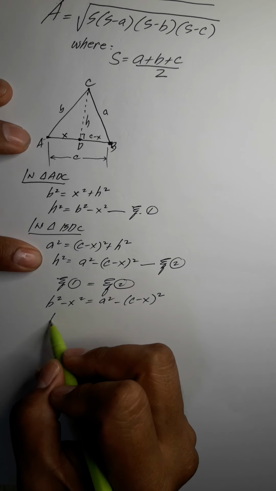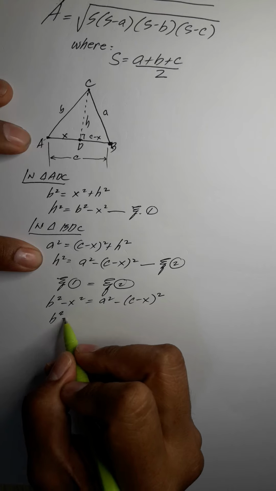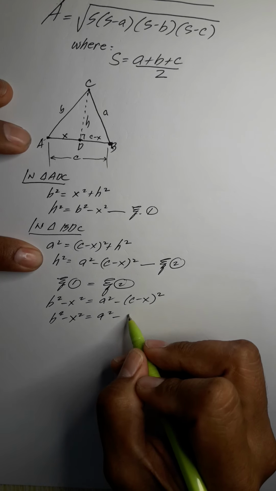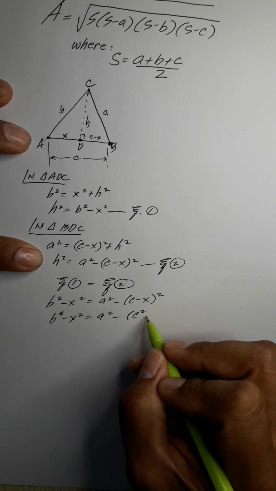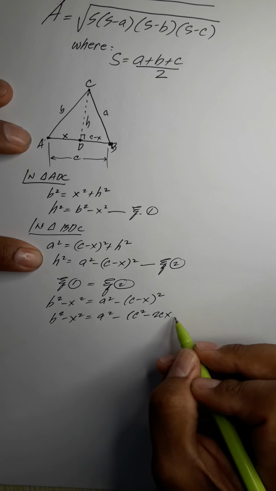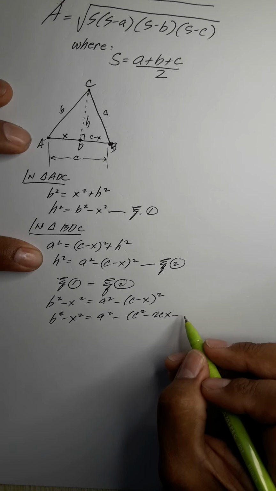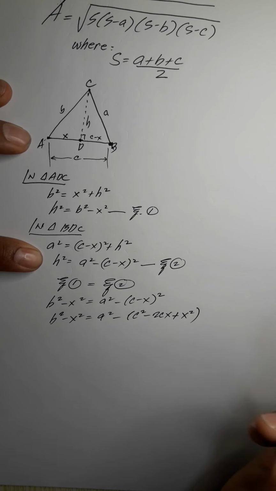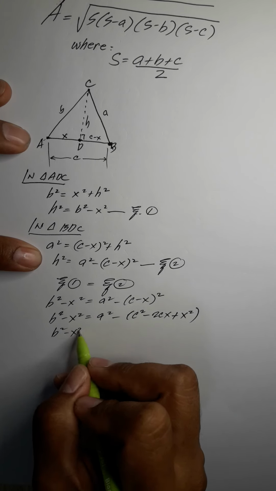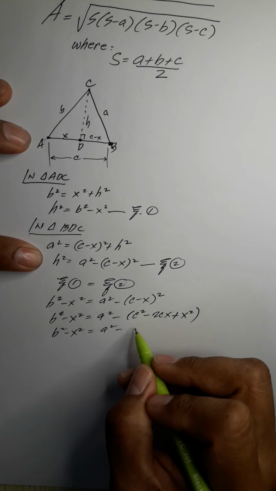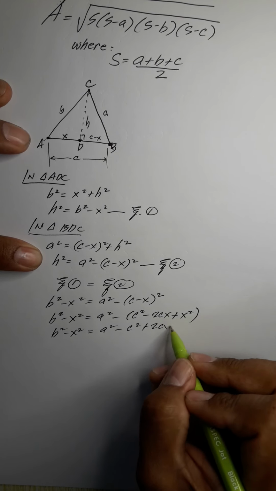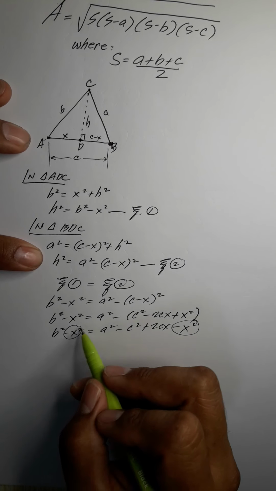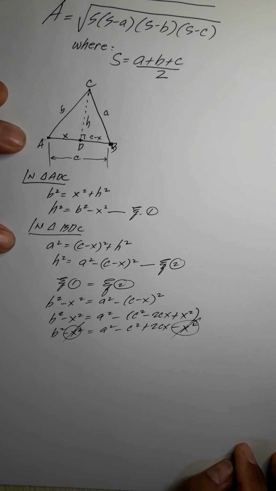So we continue. b squared minus x squared is equal to a squared minus c squared plus 2cx minus x squared. So this one and this one we can cancel out from the equation.